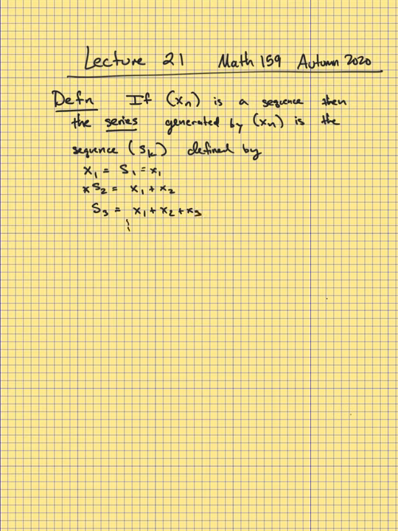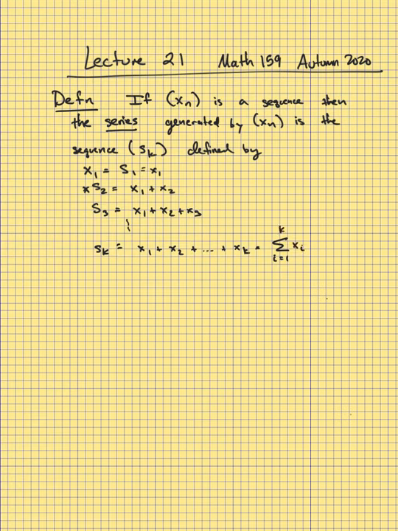And more generally, the kth term is x1 plus x2 plus up to x sub k. Or I'll write it as the sum from i equals 1 to k of the x sub i.